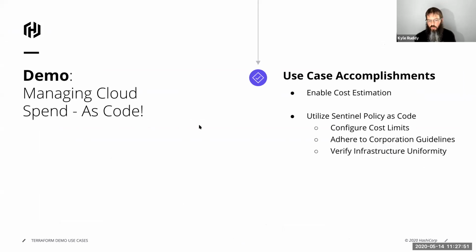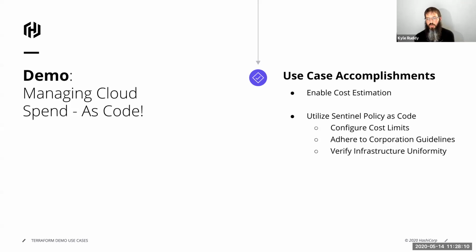So with that demo, that was just a really simple way to go through and see how we can start using cost estimation with your Terraform configurations. Just a simple checkbox applies that to your entire org, so you can start doing that for every single run that you do.